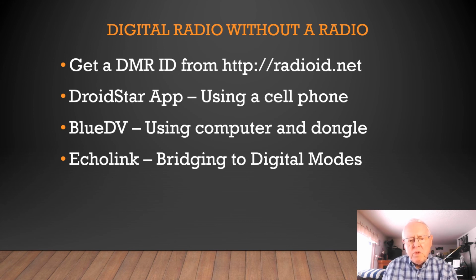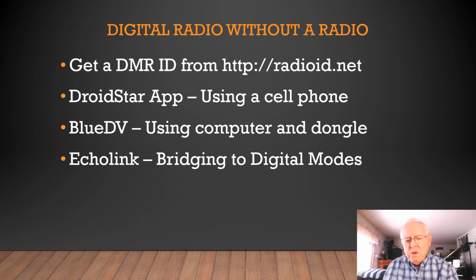The one for the computer is called Blue DV, and it takes a little plug-in dongle there to connect to your Wi-Fi system and into the internet, and then you can get into the various modes of operation there too with DMR or D-Star, YSF.